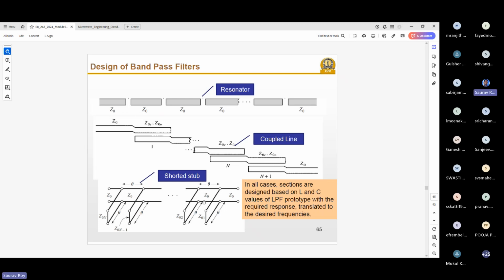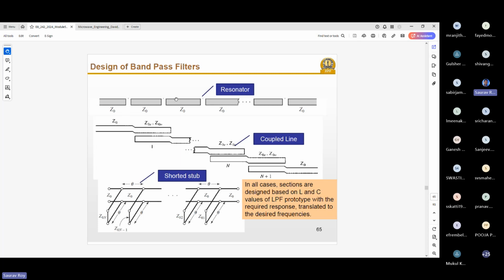In this picture you see one of the simplest ways, at least fabrication-wise, which is a capacitively coupled microstrip line, also called a capacitively coupled resonator. As I told you, this resonator concept is very important in bandpass filter design.